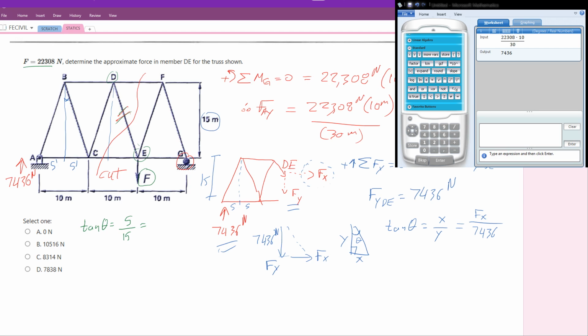To get theta, we have to use the inverse tangent. Let's see if this one has the inverse tangent. It should be under the trig. Yeah, it has inverse tangent, which is good.